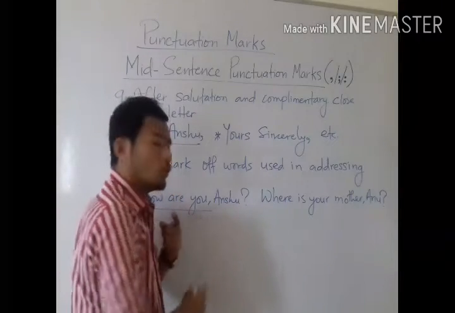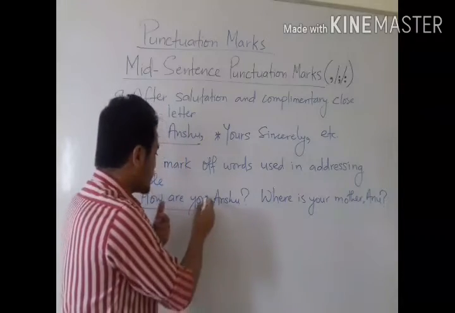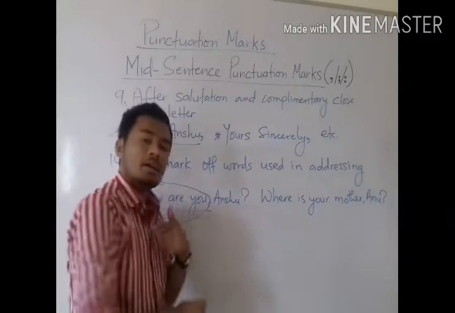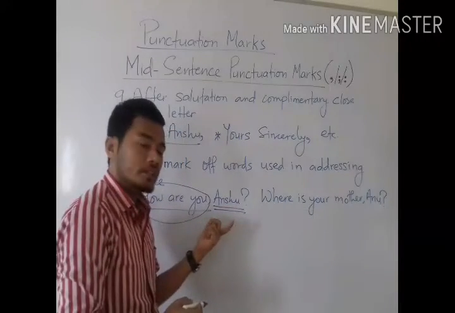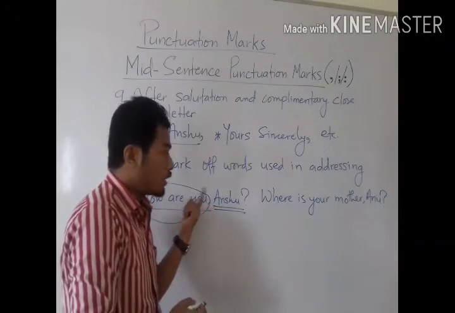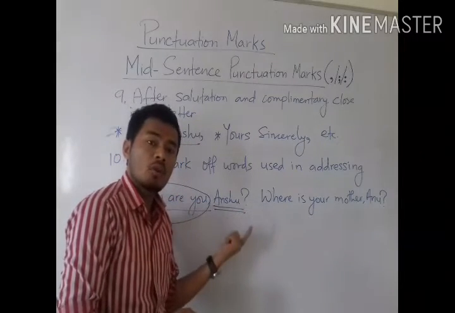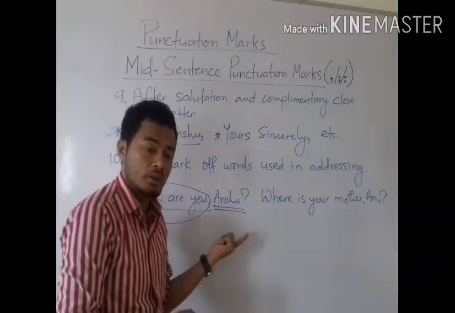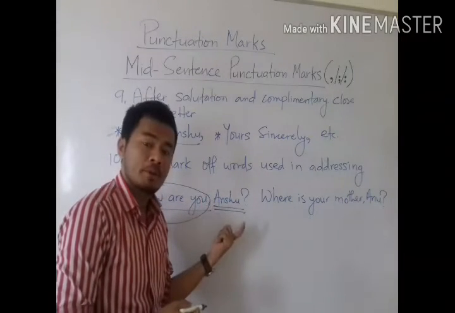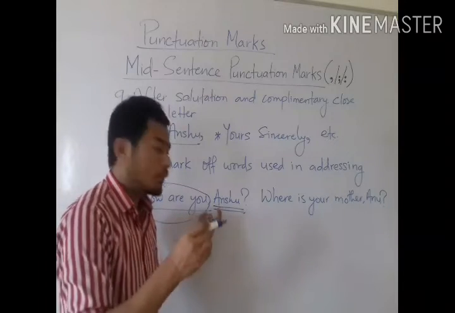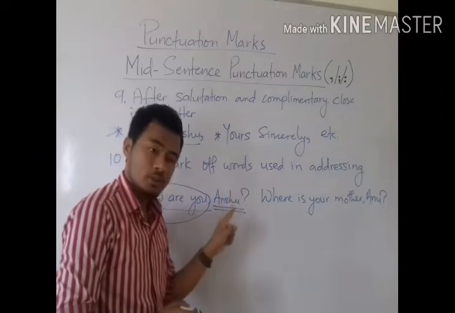Like, how are you? So if you are speaking to Anshu, actually your question is how are you? But you are addressing this question to Anshu. Don't put question mark after how are you, but you have to put question mark after the name of the person whom you are addressing. But we have to separate that question and this addressing person with comma. Like, how are you, comma, Anshu, full stop.